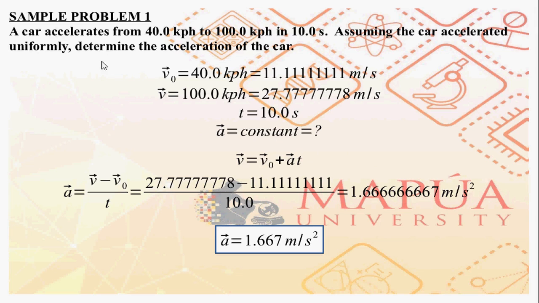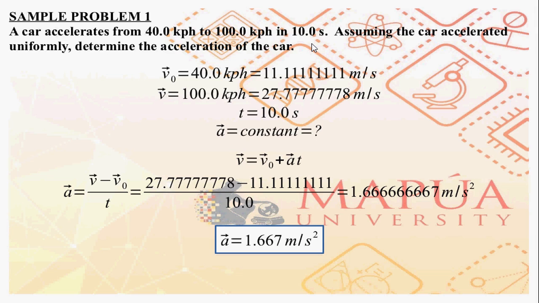Before we move on to the next sample problem, take note that here we considered the initial velocity and final velocity to be positive. The problem does not mention any particular direction for the velocities, so we can assume the direction.